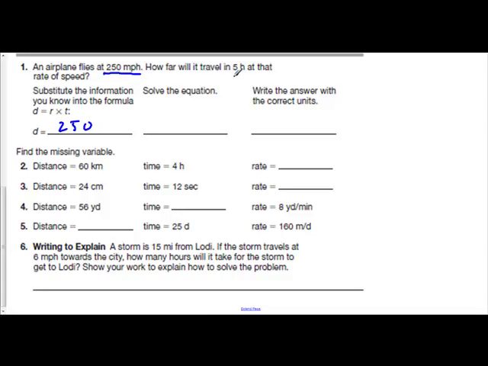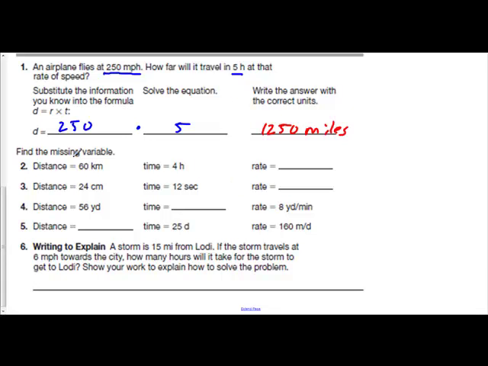Well, we know how long, in 5 hours. So 250 times 5 equals 1,250. Oh, miles per hour, so that must be 1,250 miles.